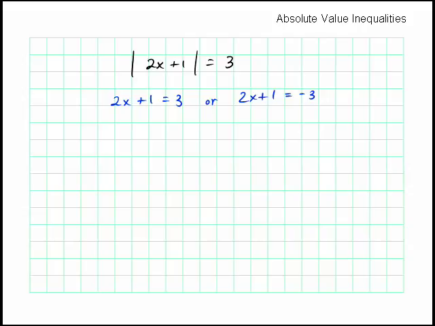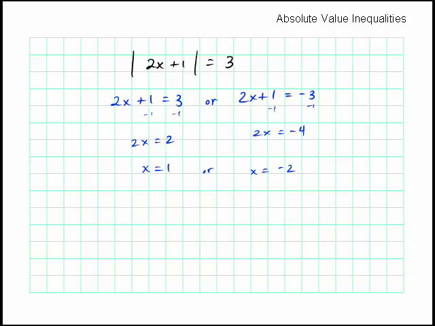Just solve each equation and you get your two solutions. 2x equals 2, x equals 1 there. Subtract 1 here. 2x equals negative 4, divide by 2, negative 2. So x equals 1 or x equals negative 2.